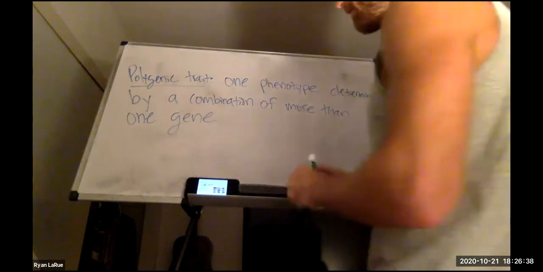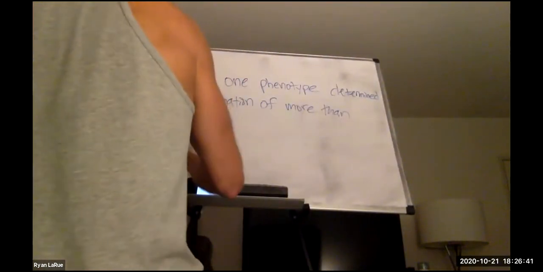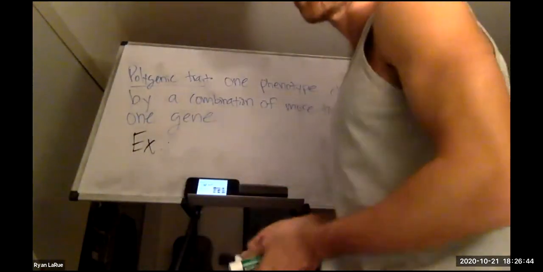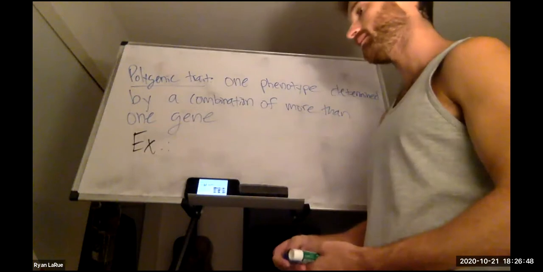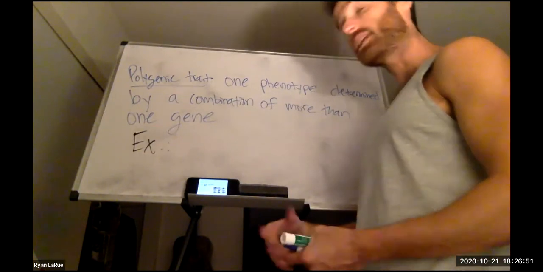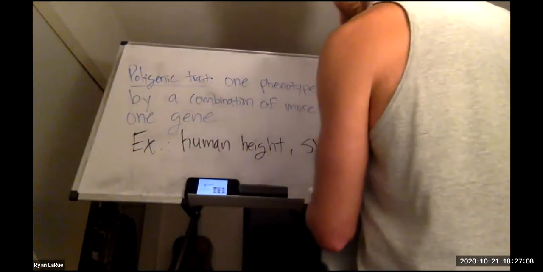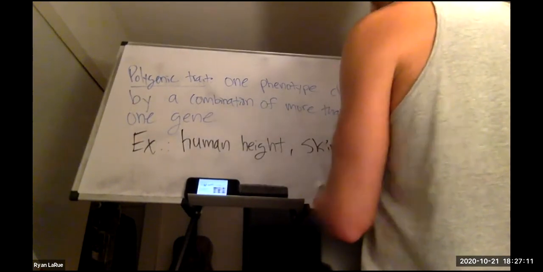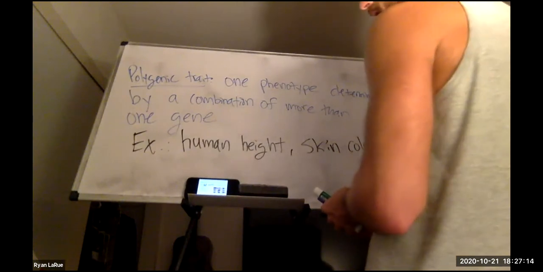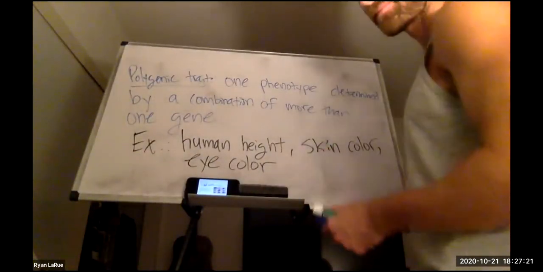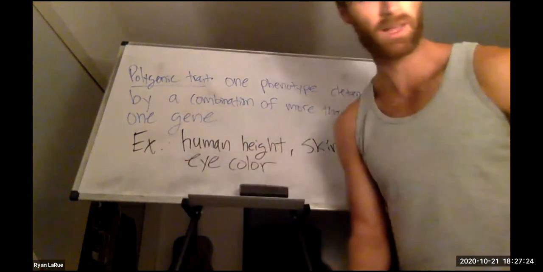And a few examples, like I mentioned, height is determined by a lot of genes, kind of like genes involved in bone growth and muscle growth and skin growth. Lots of genes involved. So human height. Skin color, pigmentation is determined by more than one gene. Eye color. So these are just a few examples of polygenic traits, single traits determined by more than one gene.